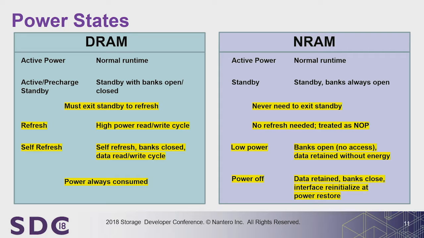DRAMs have what are called banks. And one of the things you do when you access a DRAM is that you do something called an activate. An activate takes the contents of the DRAM array and puts it into sense amplifiers. You do IOs to that, but then you have to restore that because it's a destructive read. So there's something called a precharge that occurs in a DRAM that says, take the contents and write it back out into the array.